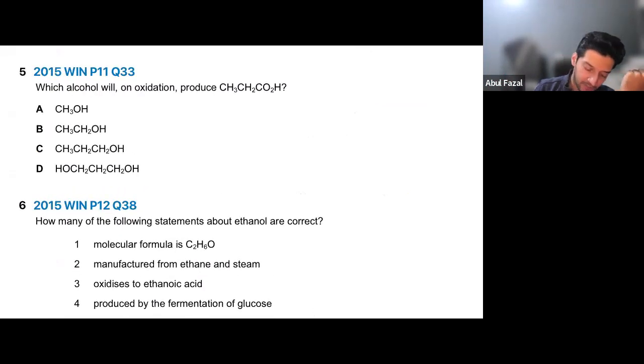Which alcohol on oxidation will produce this? Looks like propanoic acid. You can also name this without drawing it out. It's propanoic acid, 3 carbons and an acid.